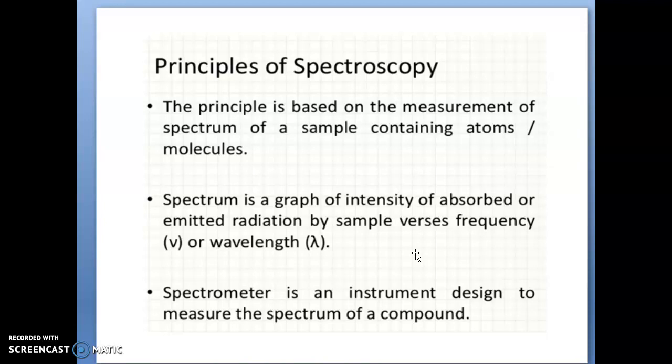The spectrum is the graph of intensity of absorbed or emitted radiation versus frequency or wavelength. The spectrometer is an instrument designed to measure the spectrum of a compound.